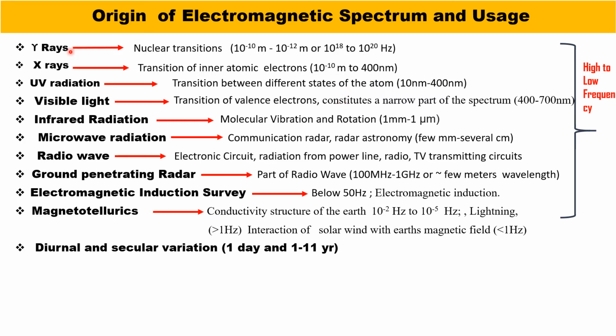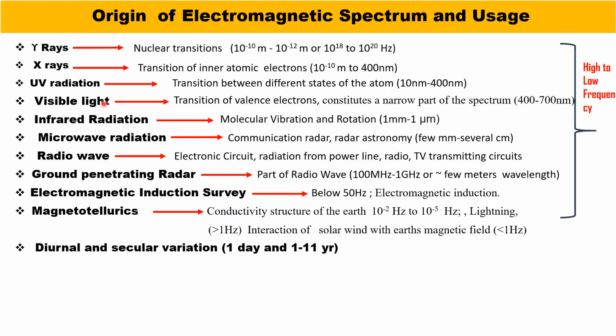Starting from the high frequency, we have gamma rays and X-rays. Gamma rays originate due to nuclear transitions, and X-rays originate due to the transition of inner atomic electrons. Where there is a transition between the states of the atom, that gives rise to UV radiation.